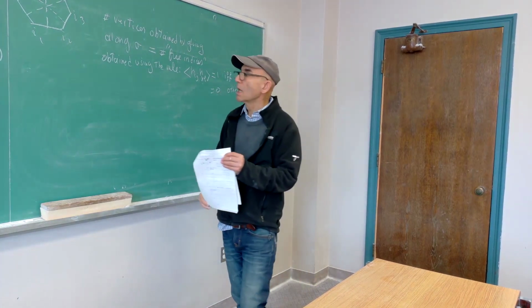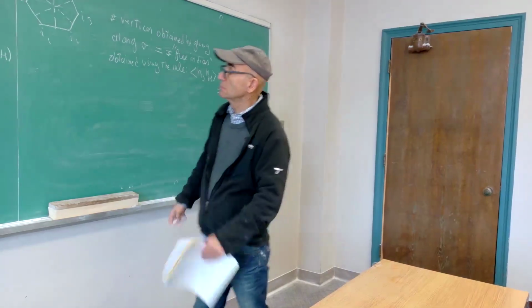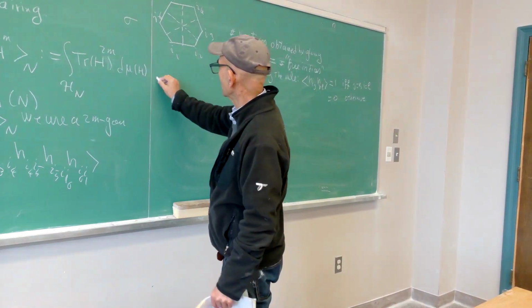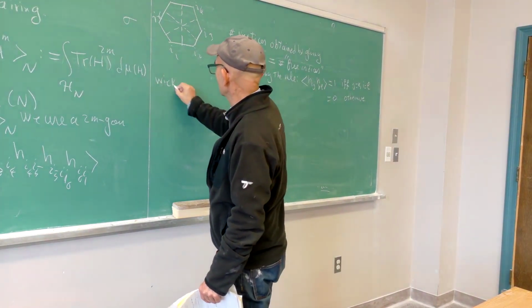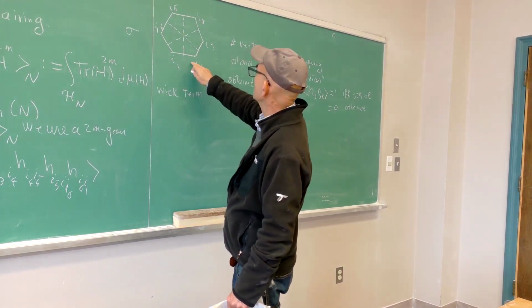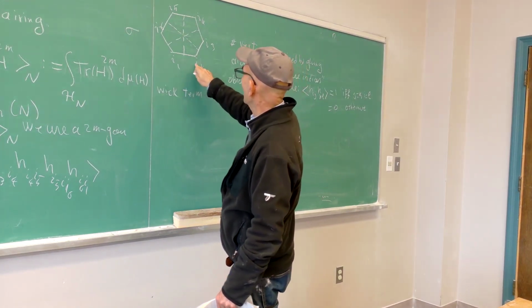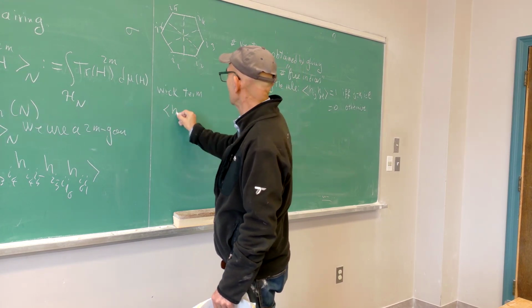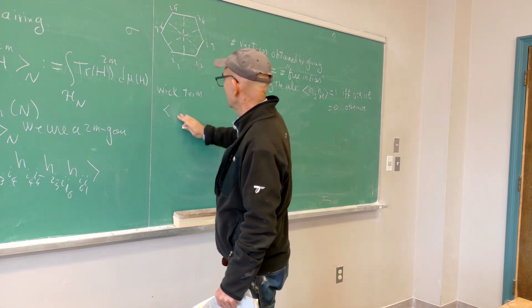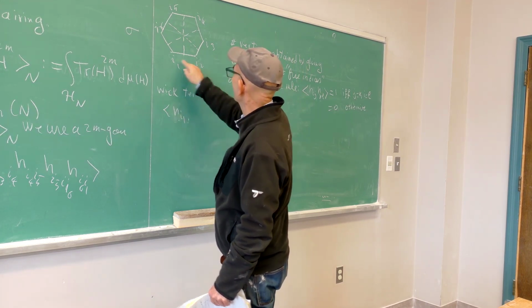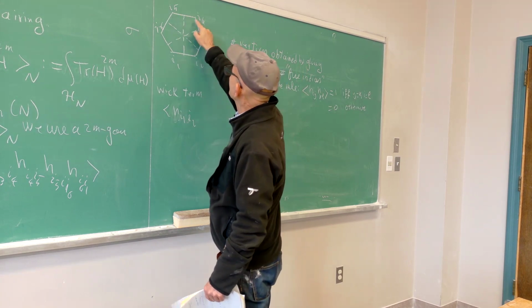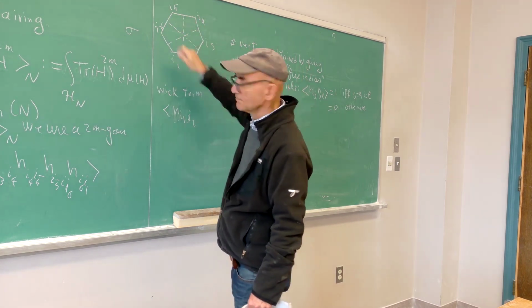Okay. Now let's see, what is the Wick term corresponding to this? In this case, you get H i1 i2 paired with H i1 i2, and here we get H i4 i5.